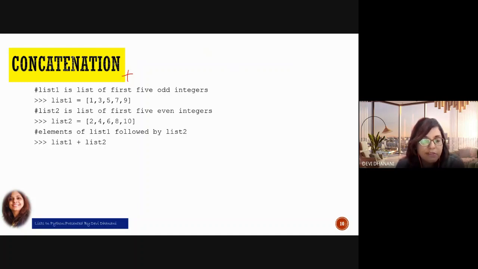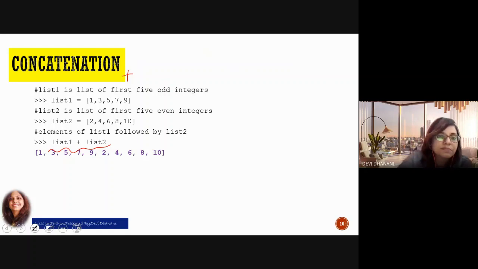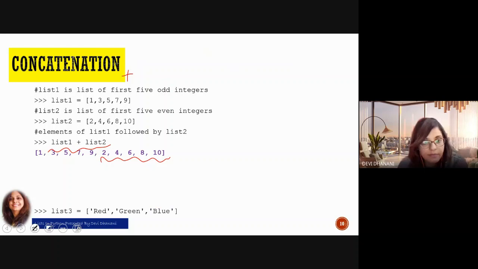Write the name of the first list, then use the plus operator and use the name of the second list. Once we do that and print, you will see that the second list, which consists of even integers, has been concatenated or combined with list 1, and it is displayed on the screen.